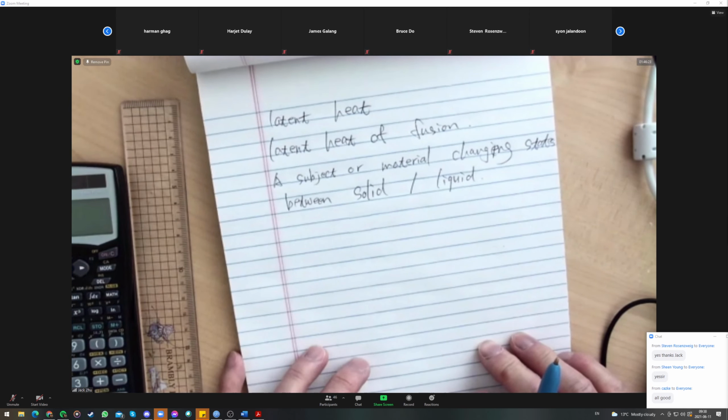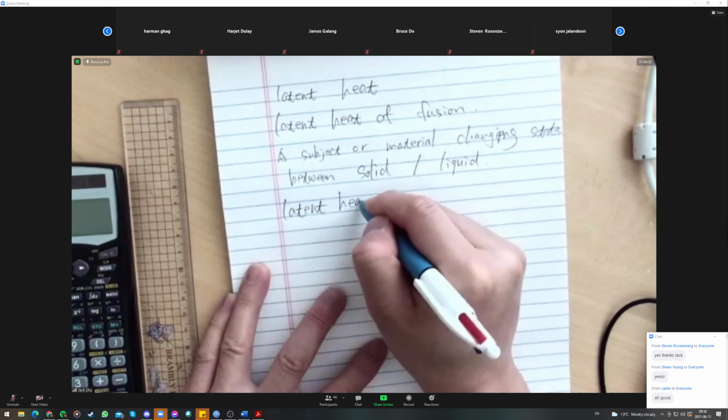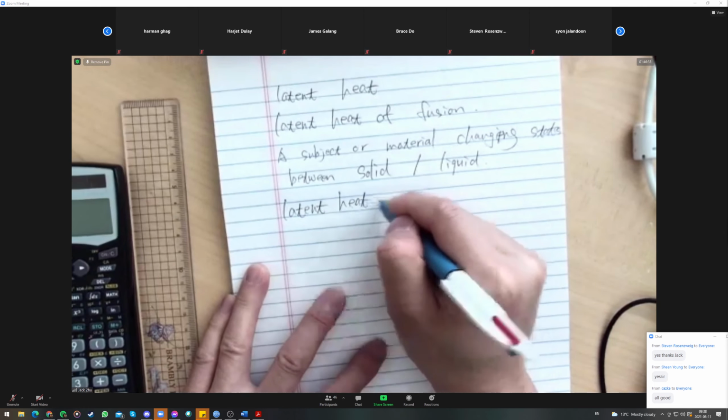We're going to explain this one a little bit later. Another one is latent heat of vaporization.